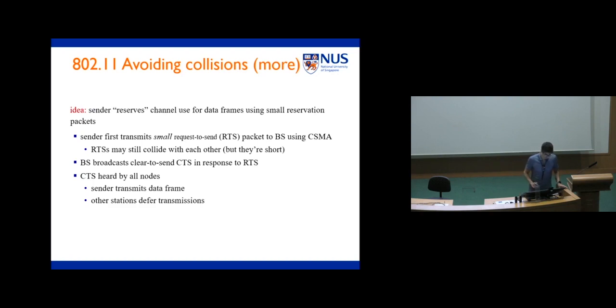Here in this RTS-CTS sequence, request to send and clear to send, this is a very simple reservation mechanism. The sender sends a small request to send packet to the base station.